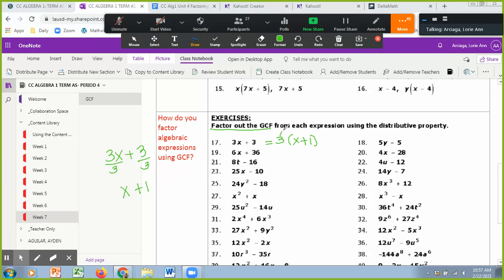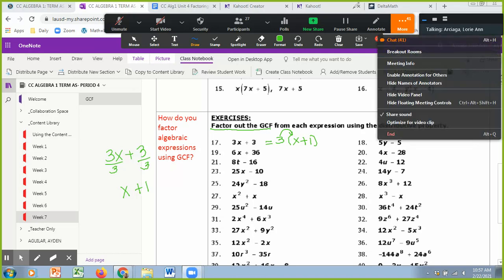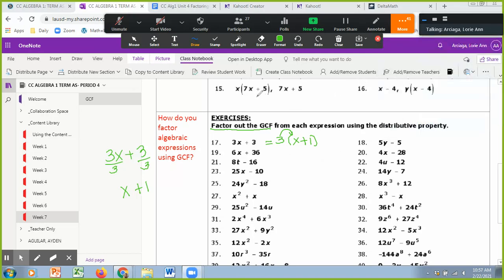Because if you distribute, 3 times x is 3x, and 3 times 1 is also 3, right? In other words, they gave you the product, or the answer. You're trying to find the two things that were multiplied. Same thing is true if you go back up to what we were doing earlier. You're trying to figure out what can divide both of the expressions, right?